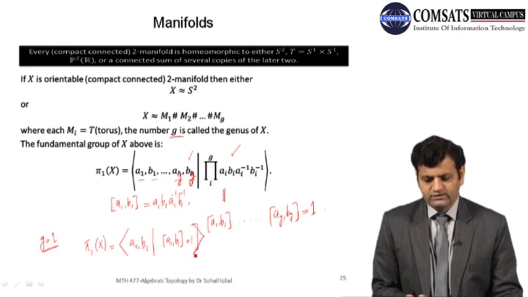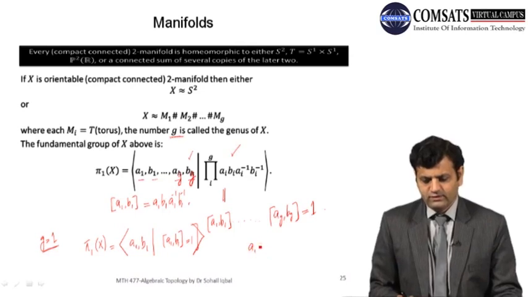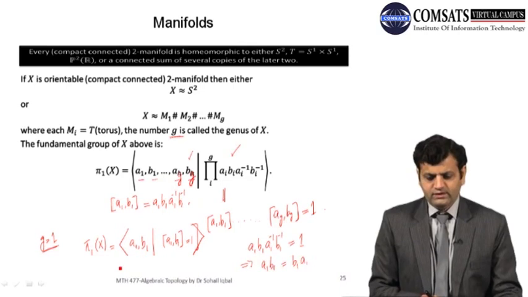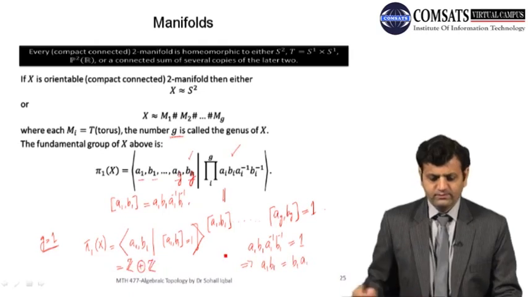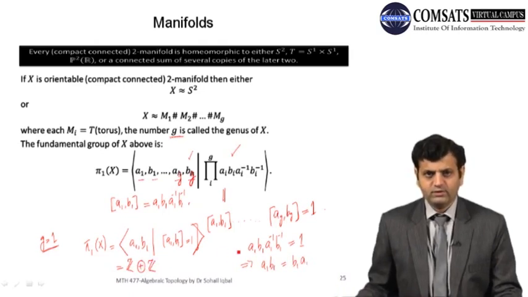In other words, A1 and B1 commute. So A1 B1 A1 inverse B1 inverse equal to identity implies that A1 B1 is equal to B1 A1. So the fundamental group is basically the free abelian group of rank 2, and that's what we have already seen.